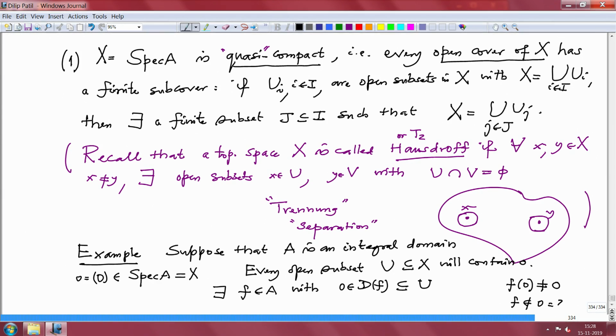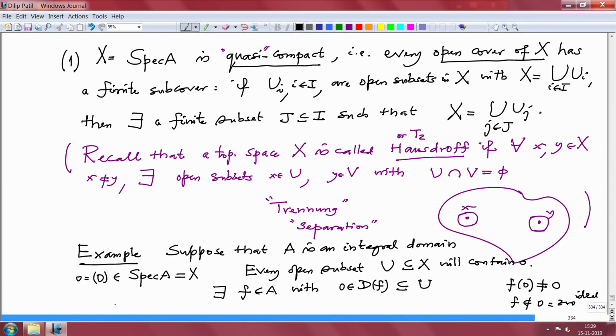This is the 0 ideal, and this is the prime ideal because it is an integral domain. Therefore, 0 will always belong there. Therefore, any open subset will contain a basic open set, and a basic open set will always contain the prime ideal 0. That means the point 0 in the topological space will always be there.